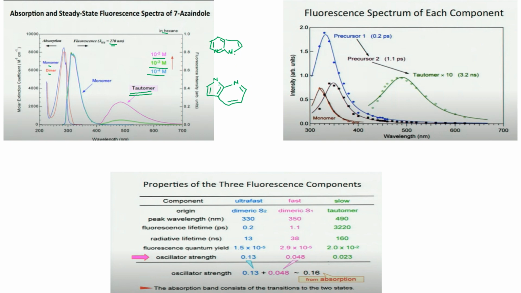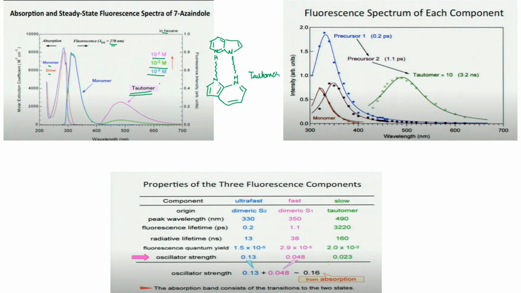Yeah. So the proton which was supposed to be here, it has come to this and it has come to this. Okay. This has happened on photoexcitation, and this is the tautomer they are talking about.